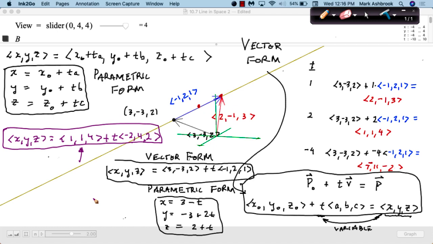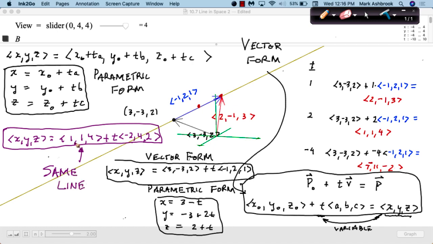And what about the direction vector (-2, 4, 2)? Yeah, a scalar multiple of the vector we already used. What about its direction? Same direction. So what about this line? Same line. How many ways can you write a line?